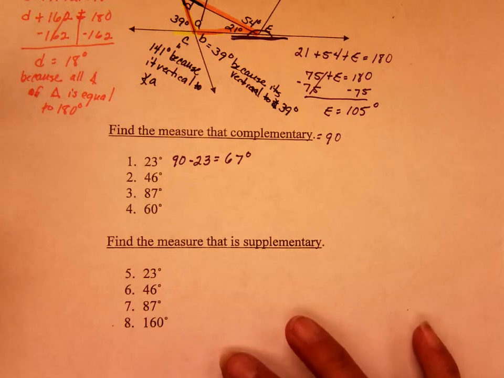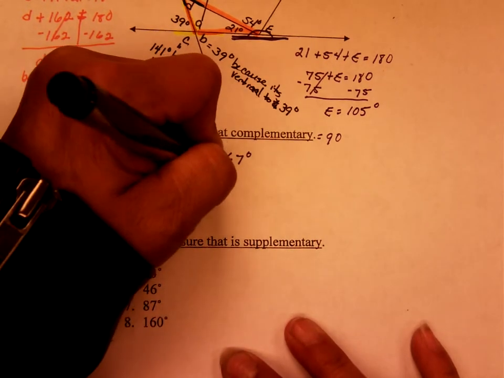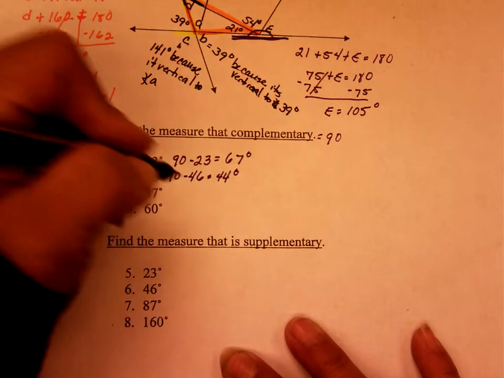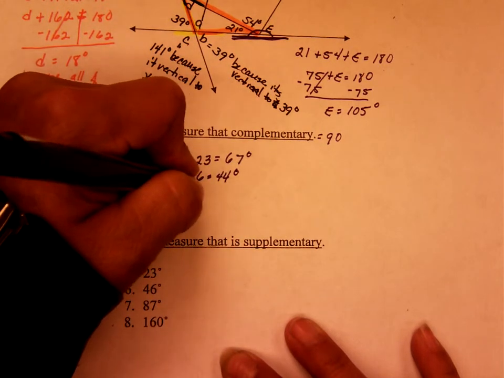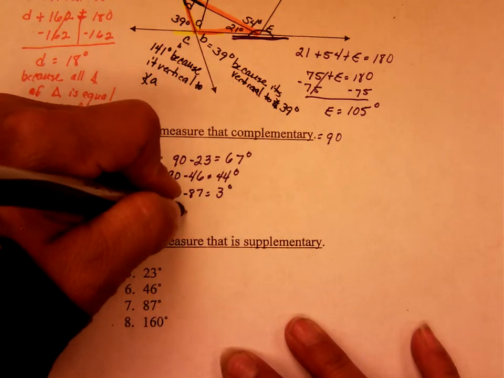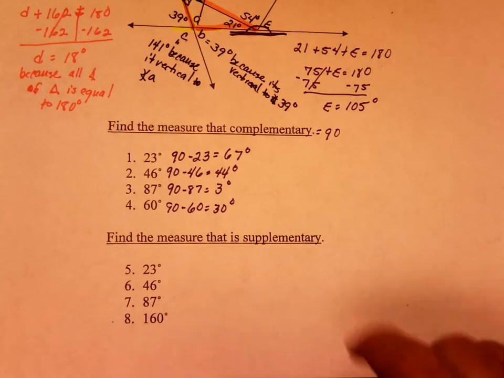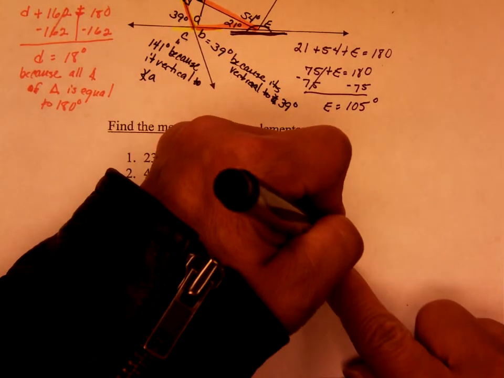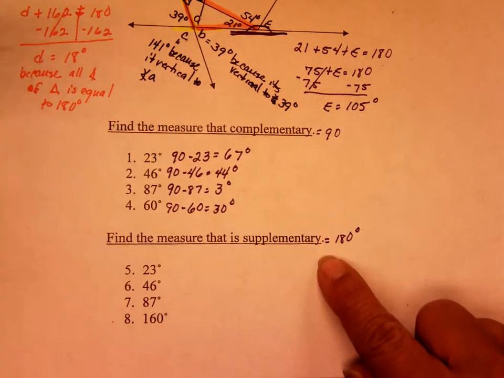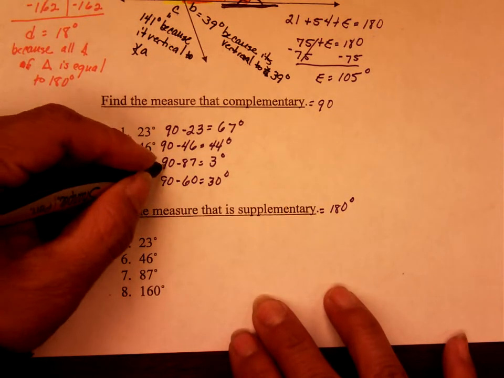So number 2, you should have done 90 minus 46, and that equals 44 degrees. 90 minus 87, and that equals 3 degrees. You have 90 minus 60, and that equals 30 degrees. Now supplementary, you should have known supplementary equals 180 degrees. So because it equals 180, instead of subtracting from 90, you're going to subtract from 180.